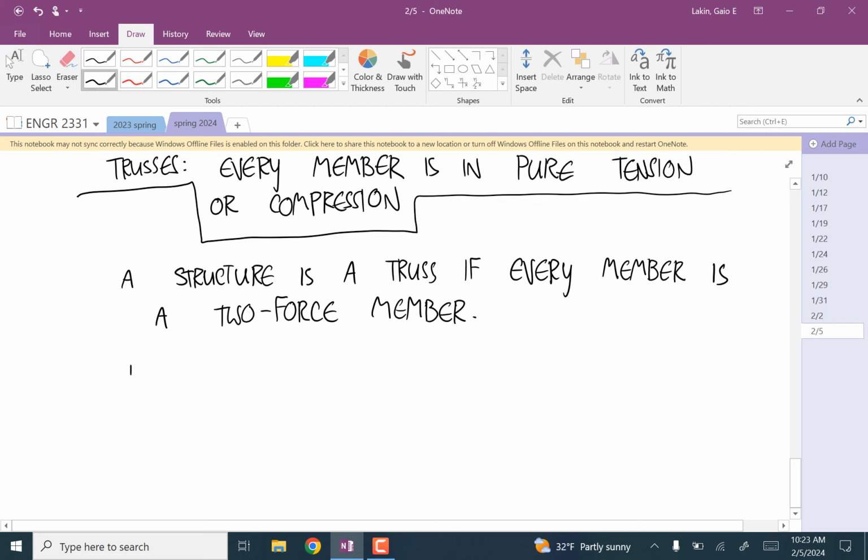That requires negligible weights for the members. So we're always calling the weight 0 in order to use the truss simplification.